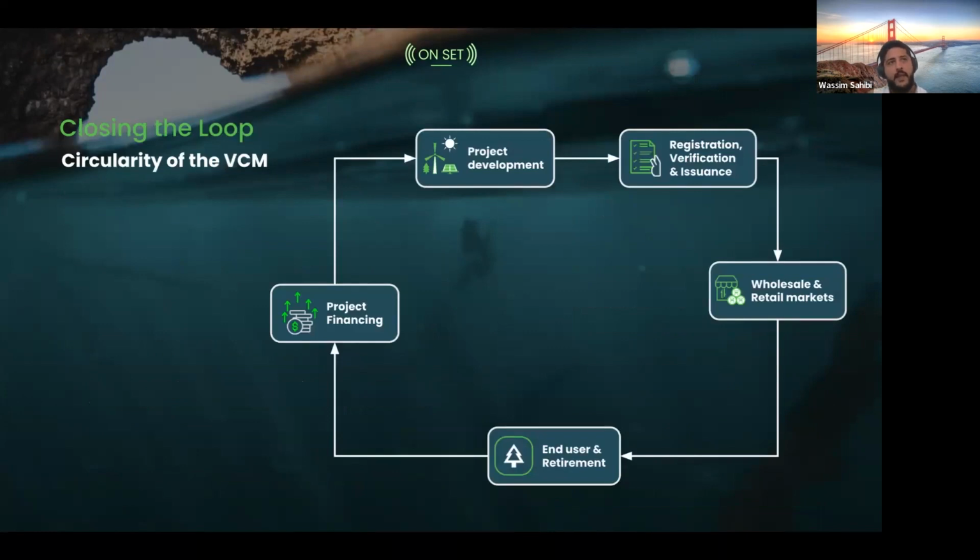So now that we've talked about project financing, there is a very important concept that I want to speak about, which is the circularity of the carbon markets and the concept of closing the loop. So as we know, the voluntary carbon market operates in a circular manner.